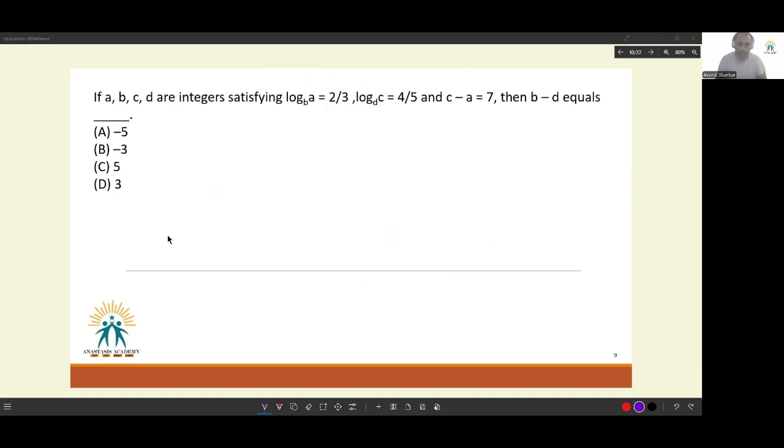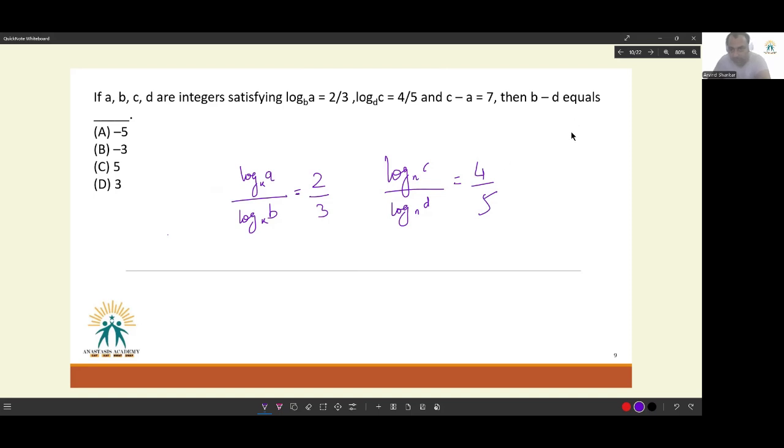Okay, then this one now. Log A, B, C, D are integers, satisfying log A by log B is 2 by 3, and log C by log D is 4 by 5, and C minus A is equal to 7. I can go log A to the base K by log B to the base K is equal to 2 by 3, and log C to the base N by log D to the base N is equal to 4 by 5.